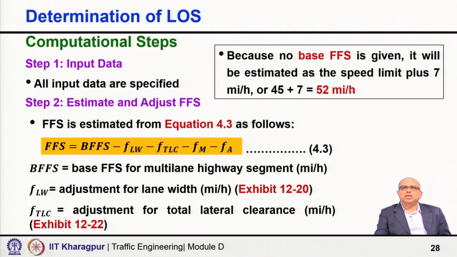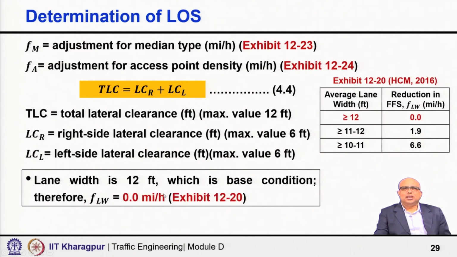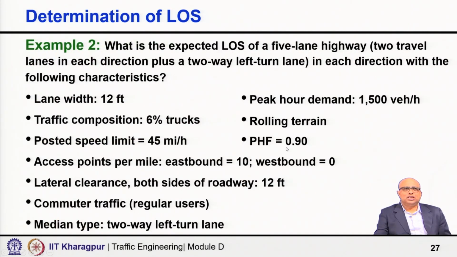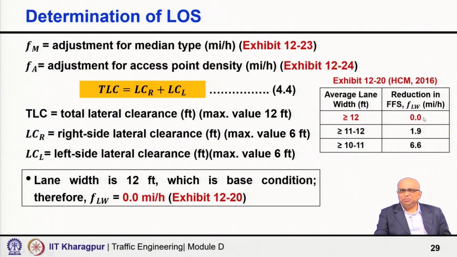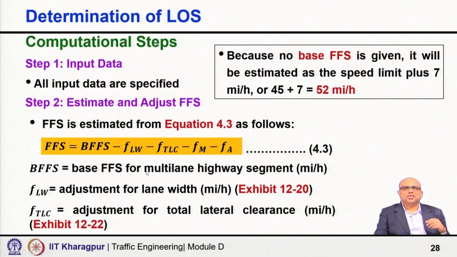So, we get BFFS as 52 miles per hour, and then we have to check if all these corrections are applicable. Lane width, first check it, lane width it is already 12 feet, yes. So, this correction is 0 as per the table, because adequate lane width as per the base condition is available. So, no further correction. Then next FTLC, that we have to say total lateral clearance.